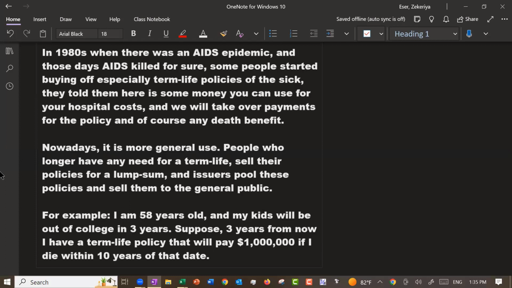But since I no longer have kids in college, I don't need that policy. The only reason I would have had that policy is so that their college costs would be paid off if I die.